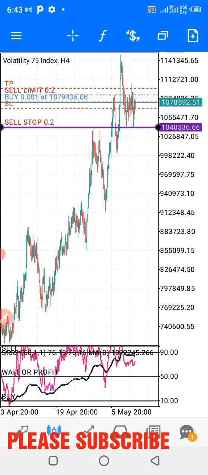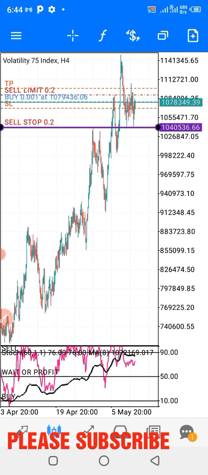See, the secret of success here is, if you see the two lines, the stochastic and moving average, meeting, immediately, you have to buy immediately and set your stop loss and take profit as I've told you.